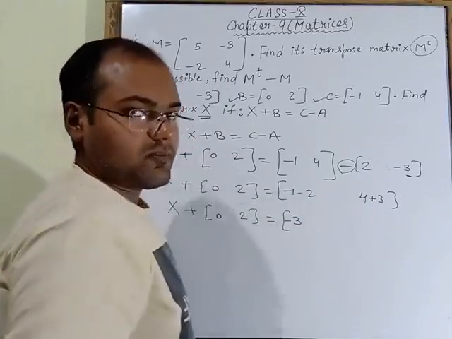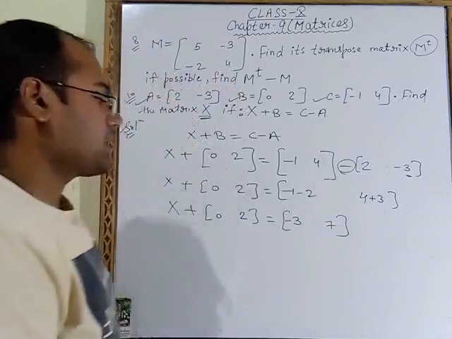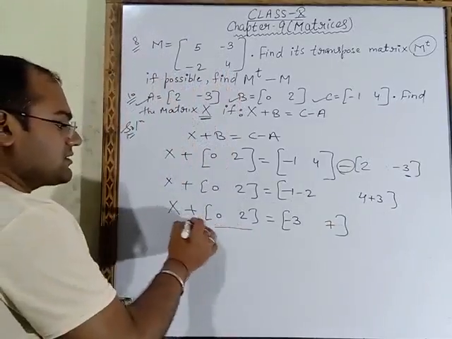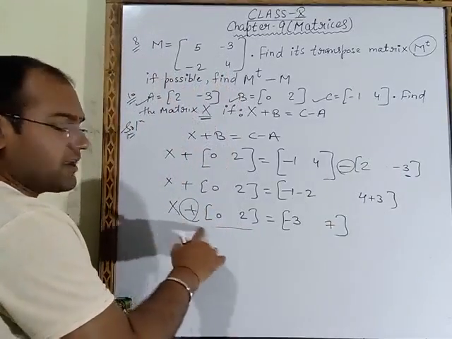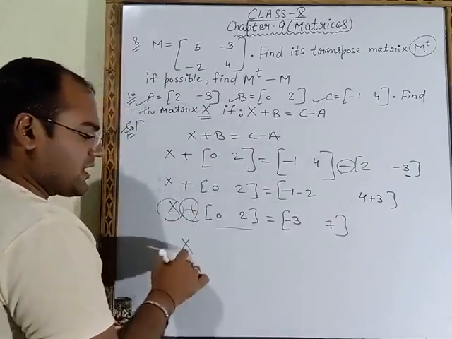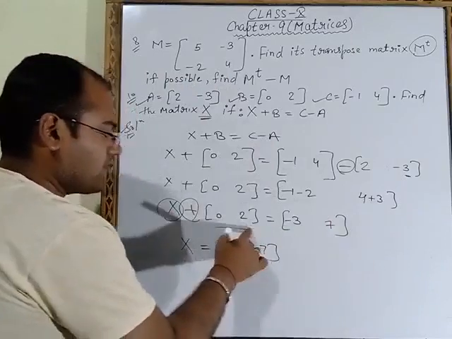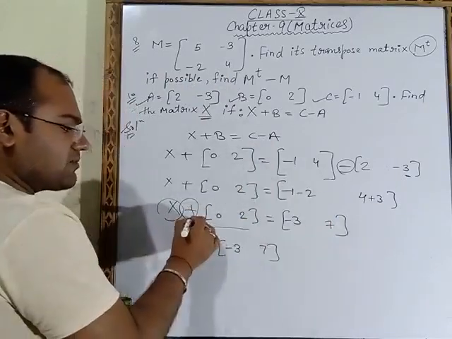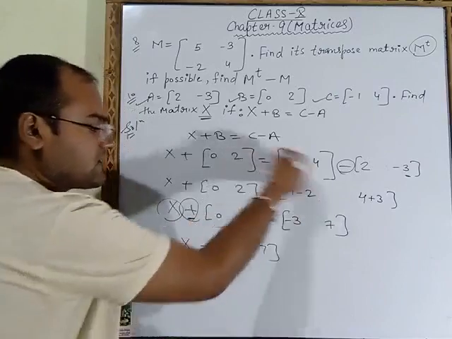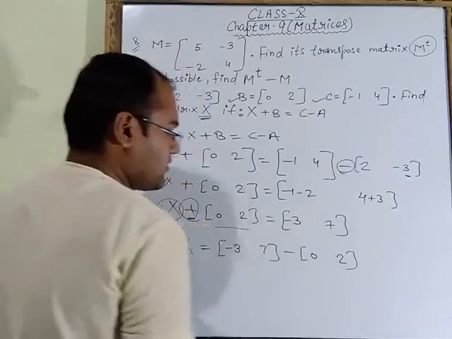So X plus 0 2 is equal to minus 1 and minus 2 will be plus 3. Minus 1 and minus 2 will be minus 3. 4 plus 3 will be 7. Now this matrix is here in addition, so we will bring it to the right side. So here the X matrix will be there. X is equal to this matrix. When we bring this matrix to that side, the positive sign becomes minus, so minus 0 and 2.